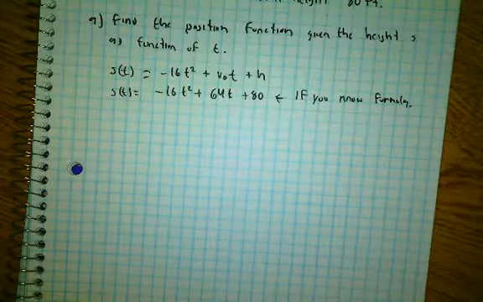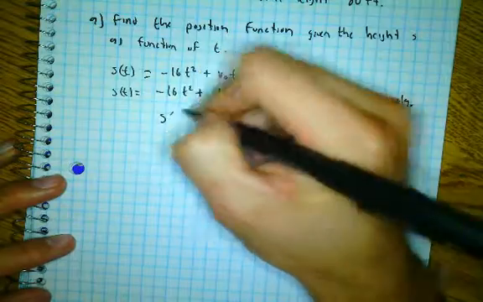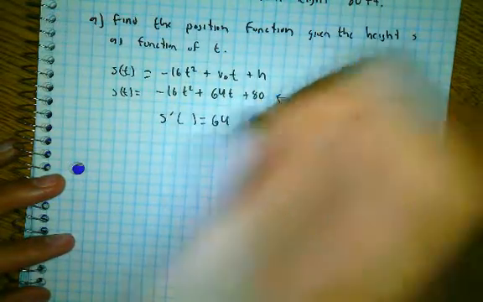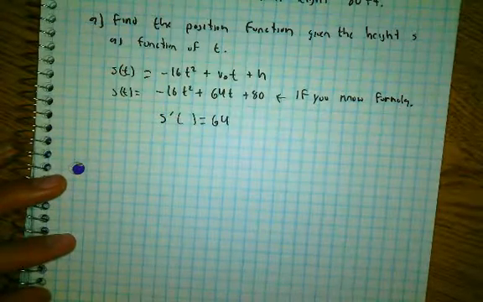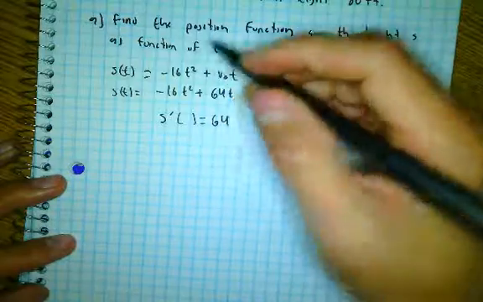Alright, what else do we know? What does that 80 represent? The initial height. Doesn't that have to do with position? So could we say, since it's the initial, it should be s of 0, because it's the initial, equals 80.